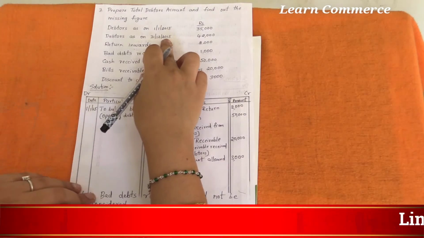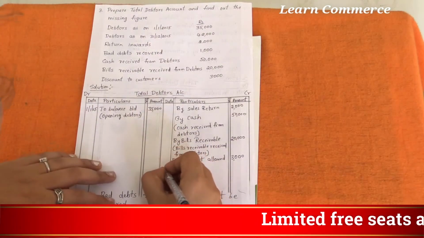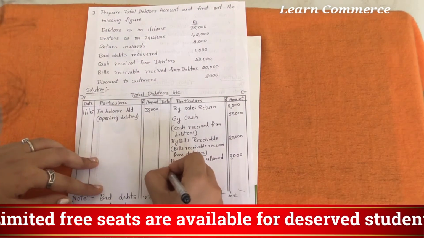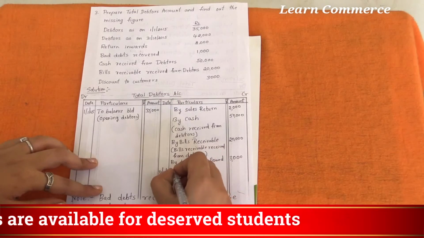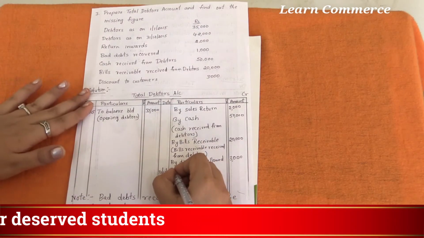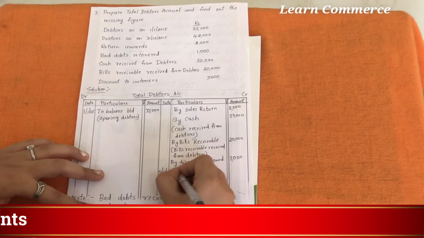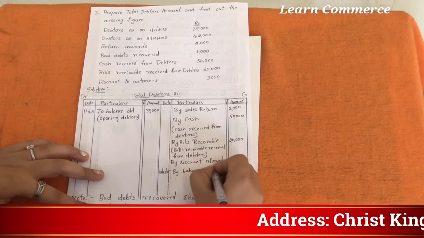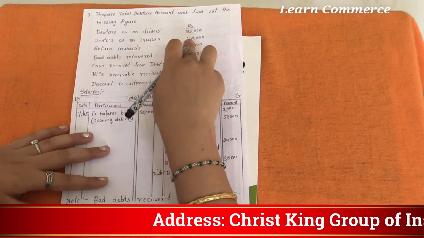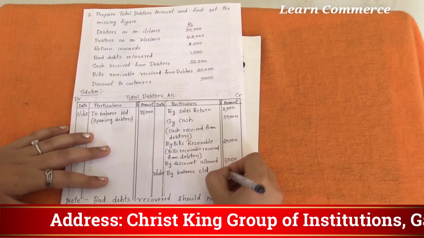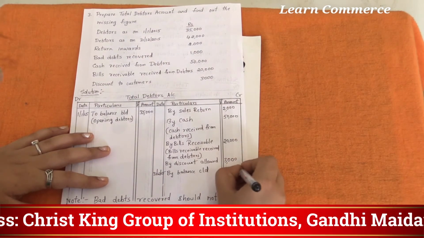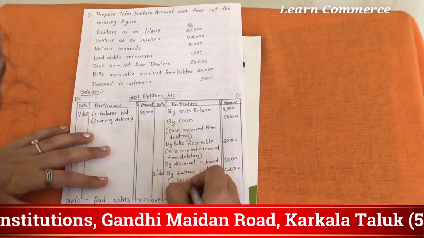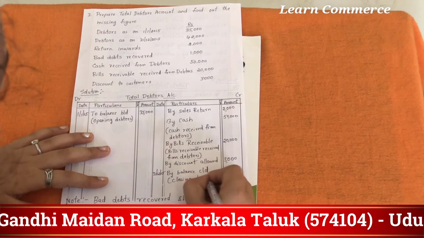So, we have to write it at the end. Here the date is also given, that is 31st 12/2015. The closing balance in total debtors account we should record always by balance carry down. Amount is 42,000 given, isn't it? 42,000. Bracket write closing debtors.